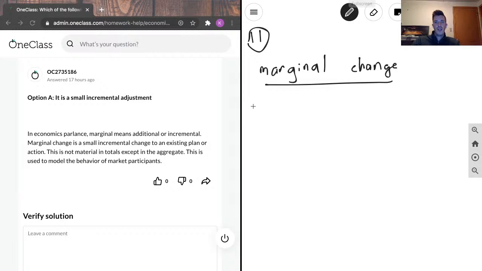And the marginal change is the effect of adding one additional unit.